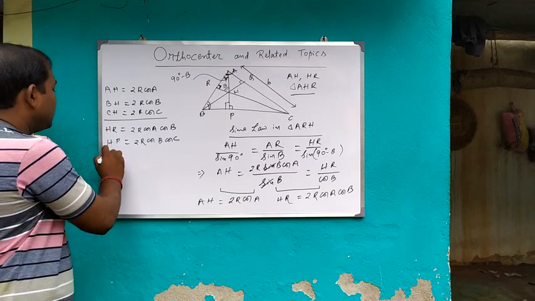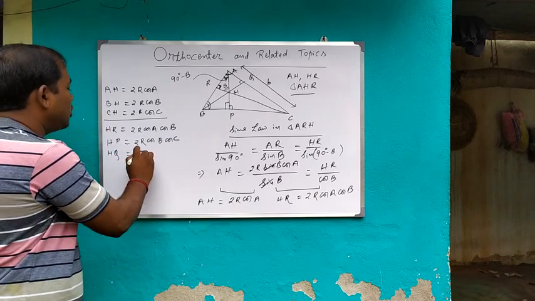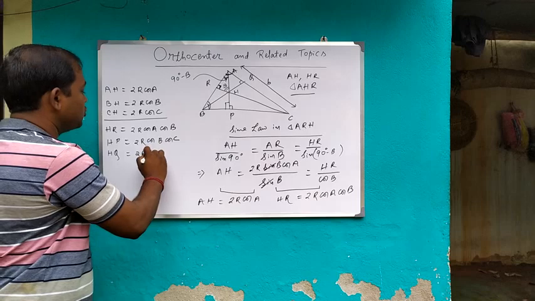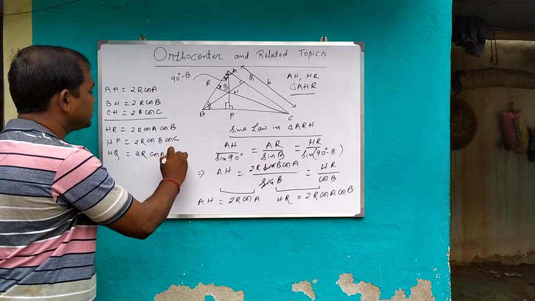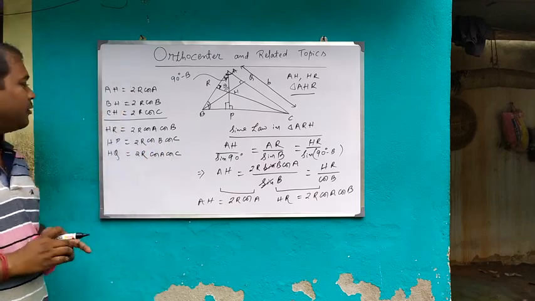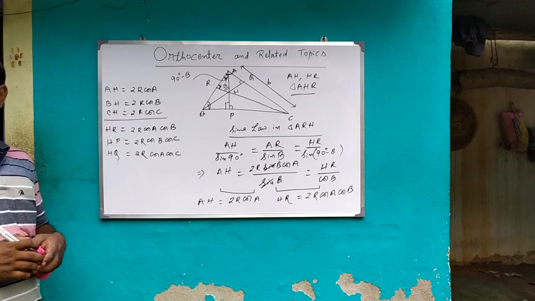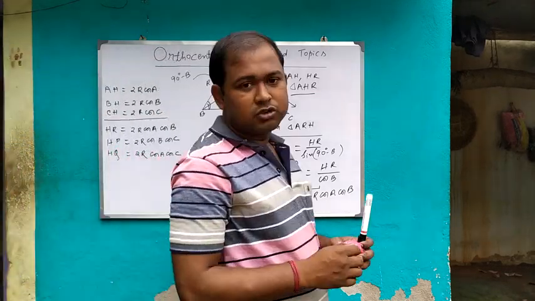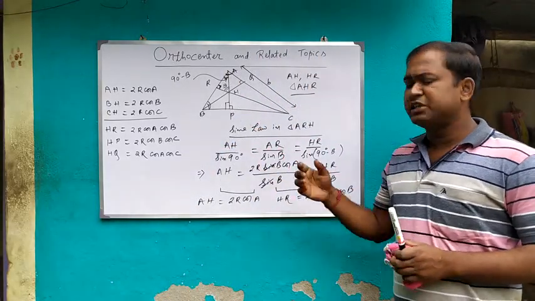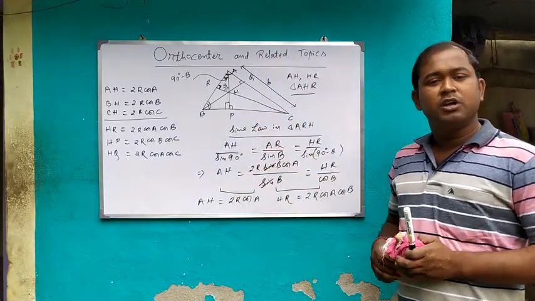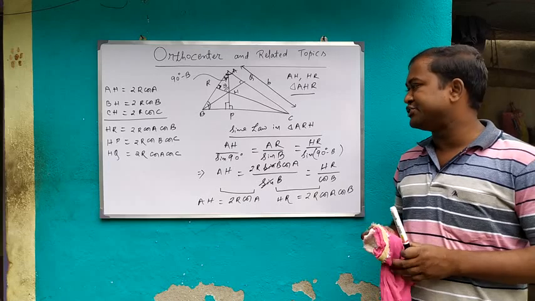And similarly HQ, that is equal to how much? From side AC, so 2R cos A cos C. So these are some very basic tips by which we can remember these formulas easily.